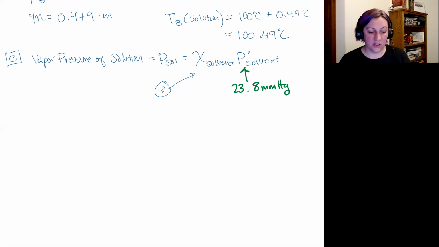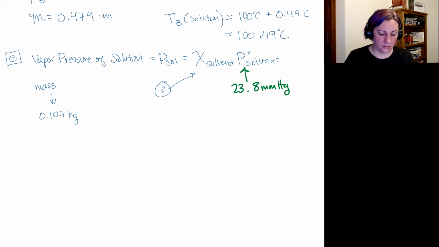To get the actual moles of solvent instead of solution, we have our 0.107 kilograms that we can start with, right? So this is the mass of our solvent. I'm going to convert this into grams, just with a quick metric conversion.